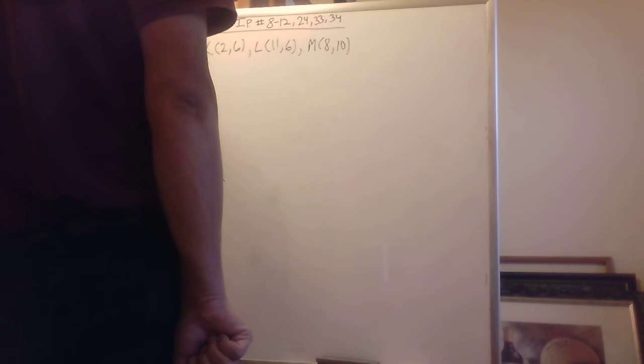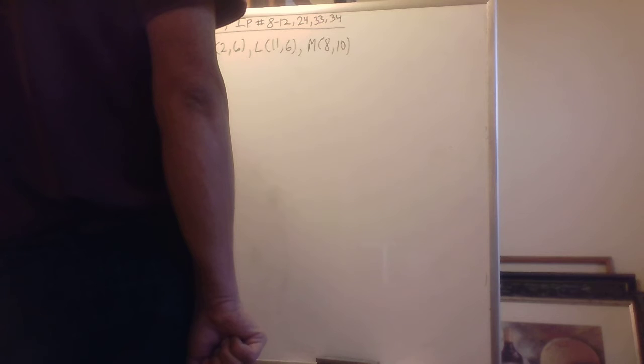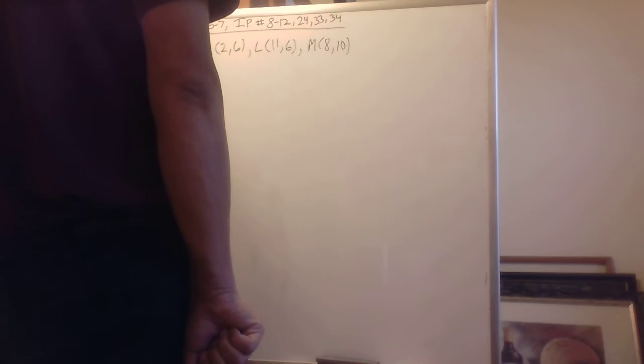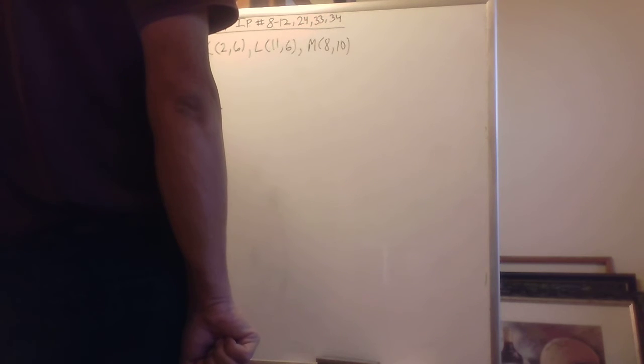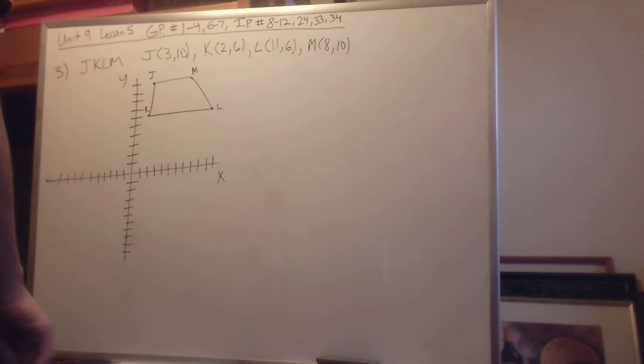All right. L is at (11, 6). So right here. And M is at (8, 10), which is right here. And if we draw these points, it looks like that.